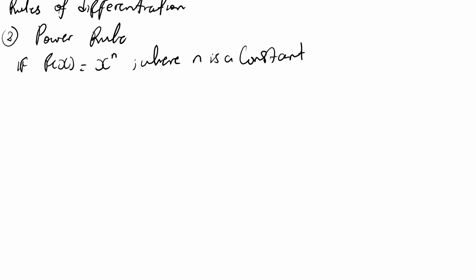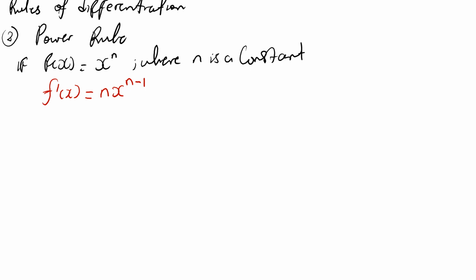Then the derivative of f, or the derivative of x to the exponent n, is that we drop the exponent, and after dropping it we subtract 1 from the exponent, so it will be n minus 1. This is how we apply the power rule.